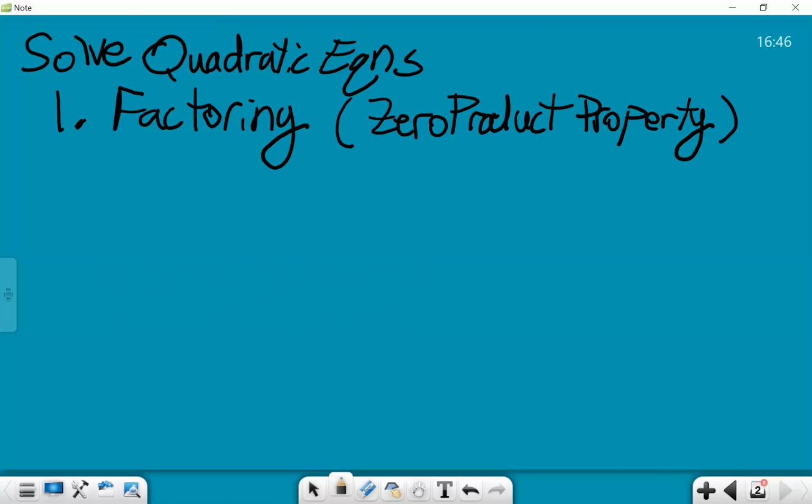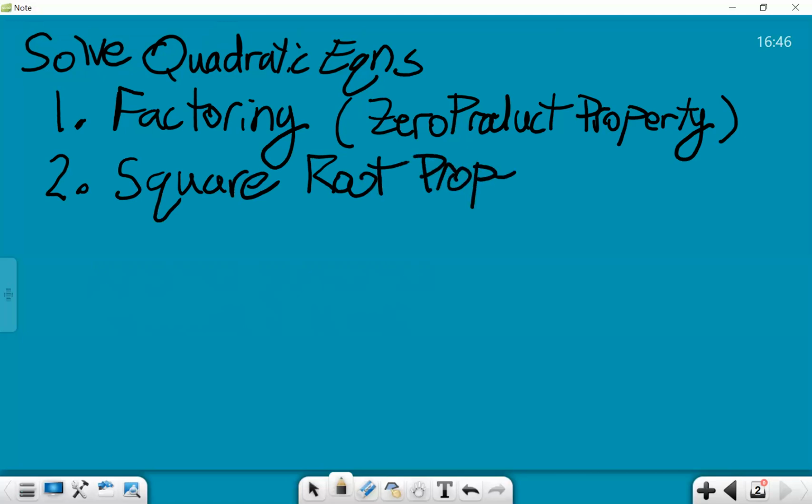We can also use a few other tools, including what we're going to be talking about for this particular lesson, which is the square root property.